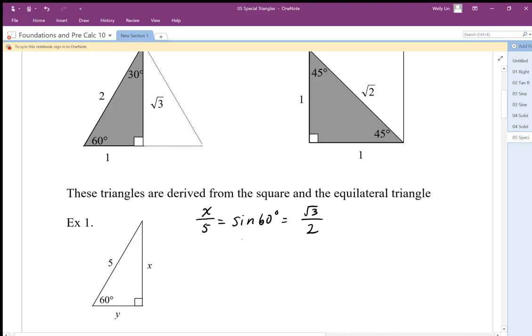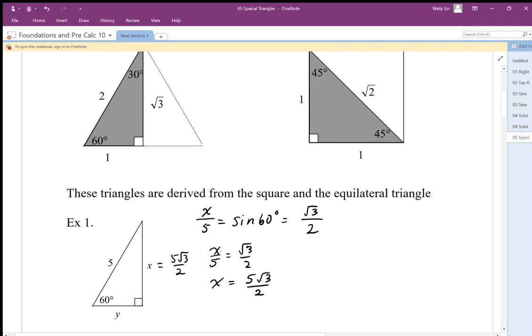Going ahead and solving for x, I'm going to just solve this algebraically. I'm going to rewrite this equation. I can cross multiply this, or solve this algebraically, times both sides by 5. So this length here is going to be 5 root 3 over 2.